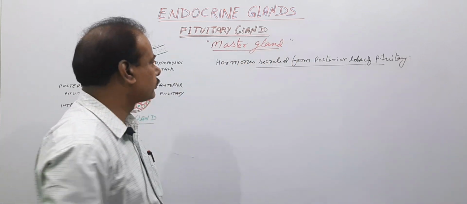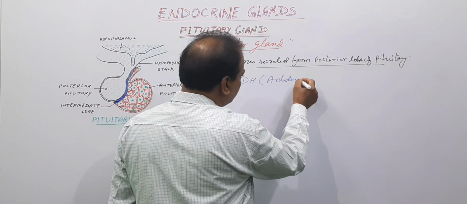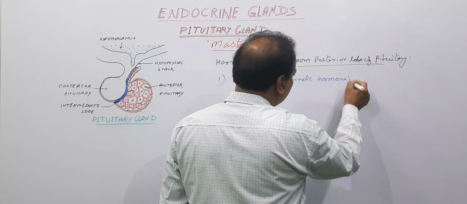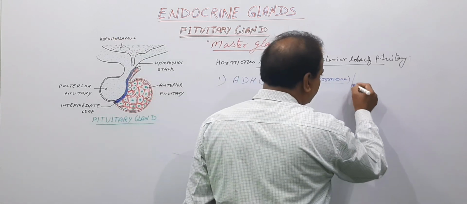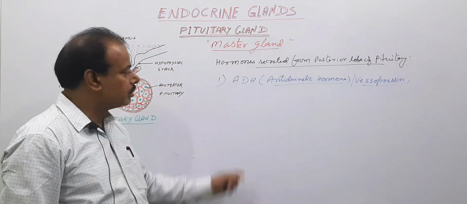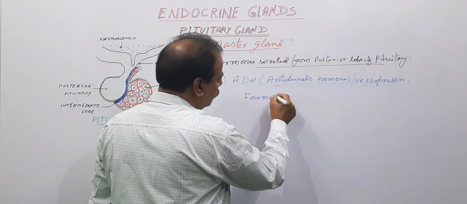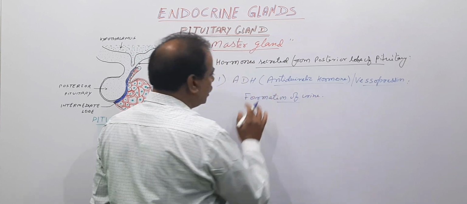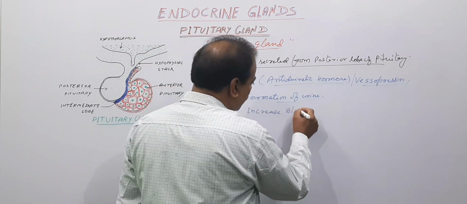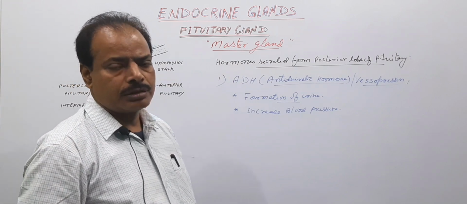Here number 1 is ADH, also known as antidiuretic hormone or vasopressin. It regulates formation of urine, and also it increases blood pressure mostly in the glomerulus, so that filtration of blood takes place.